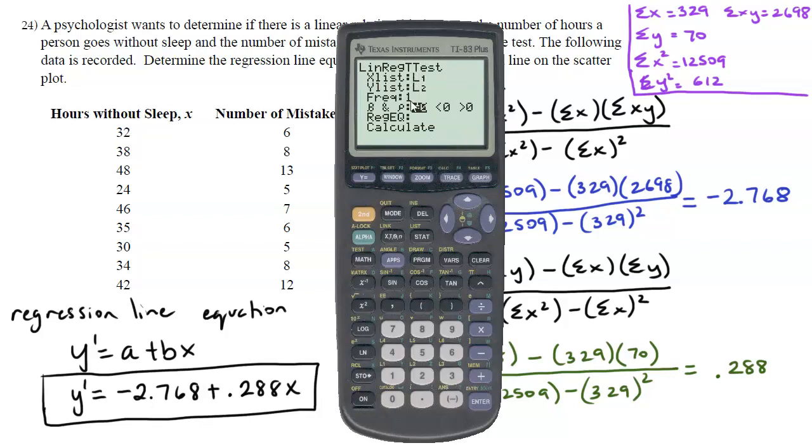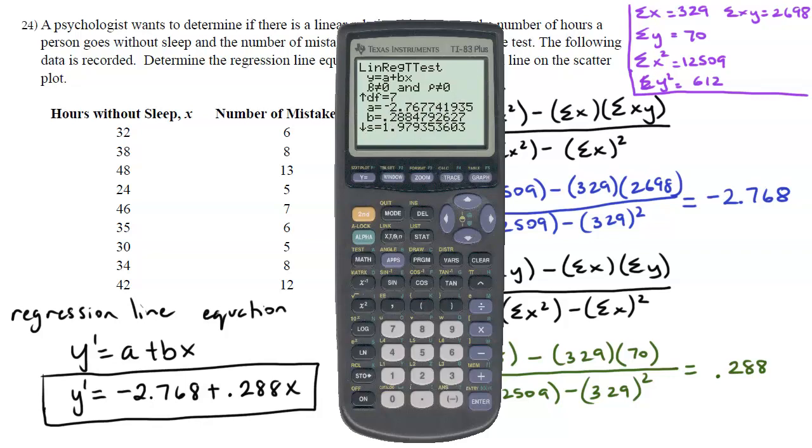L1, L2, I'm not worrying about this here. Let's go down to calculate. And so for y equals a plus bx, here's a, negative 2.768 we said, and here's b, 0.288, the exact values that we found.